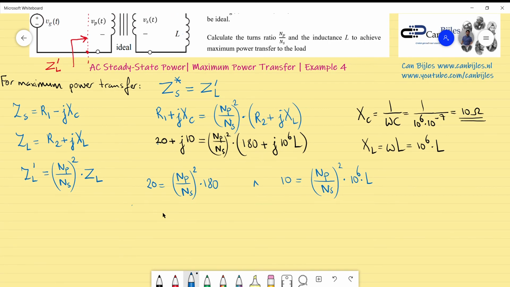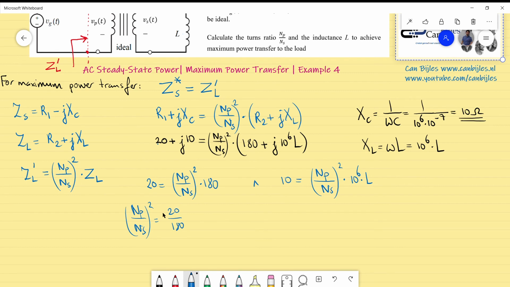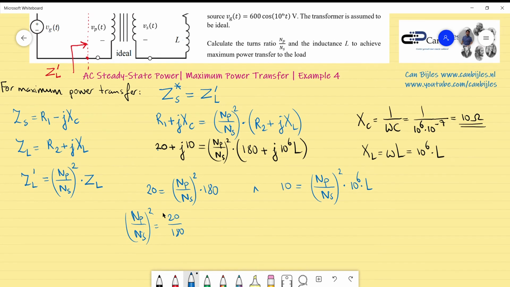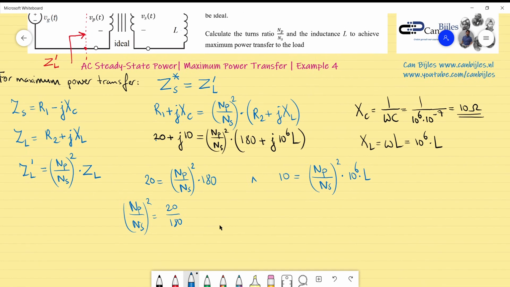NP divided by NS squared will be 20 divided by 180. Let me write it down.